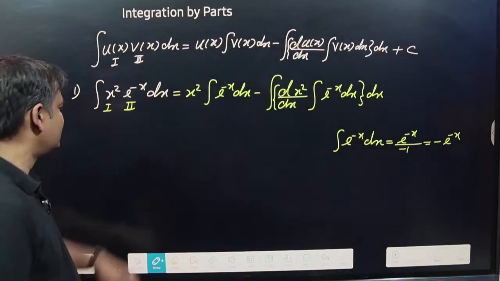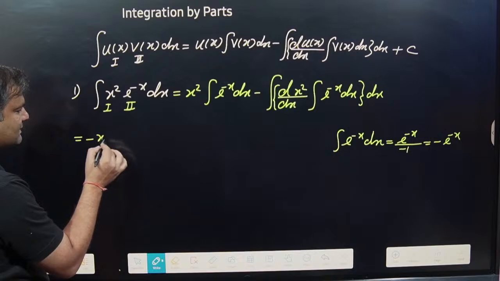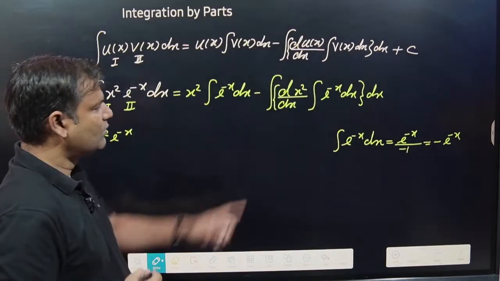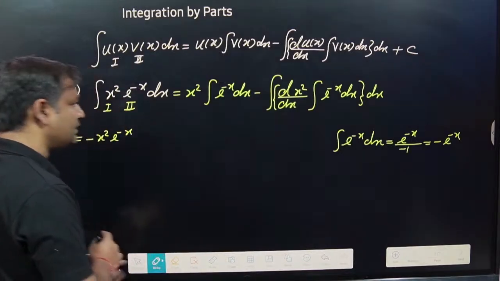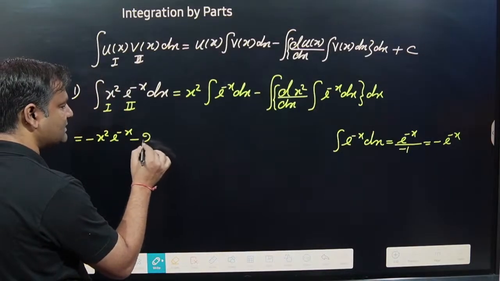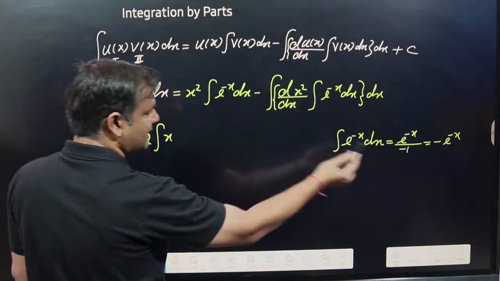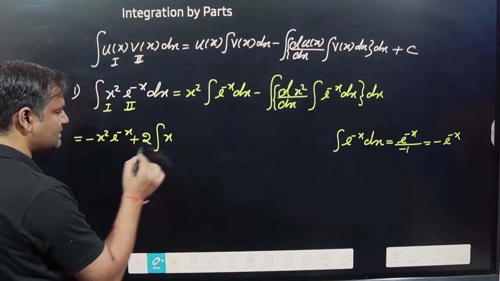So this one is written simply as minus x square into e to power minus x. Now differentiation of x square is simply 2x, so write minus 2x into integration of e to power minus x, which is minus e to power minus x. So minus plus into.